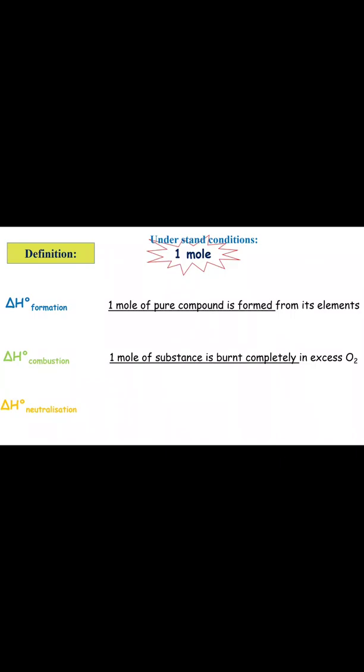Therefore, we can say that 1 mole of hydrogen ion from acid is neutralized with 1 mole of hydroxide ion from alkaline to form 1 mole of water molecule.